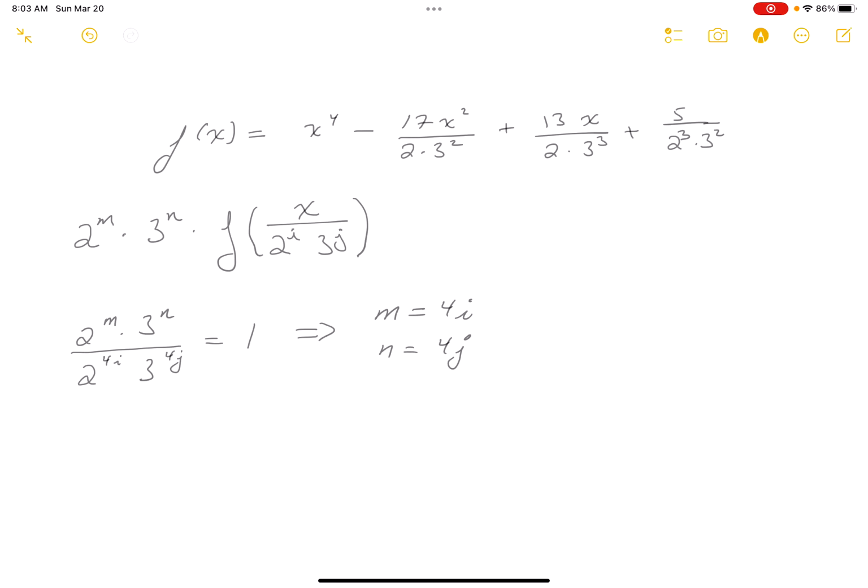All right, let's go to the next term, just the numerical part of it. 17, you're going to get 2 times 3 squared, and then you're going to be squaring that number, so it's going to be 2 squared, 2i, I meant, and then 3 to the 2j.